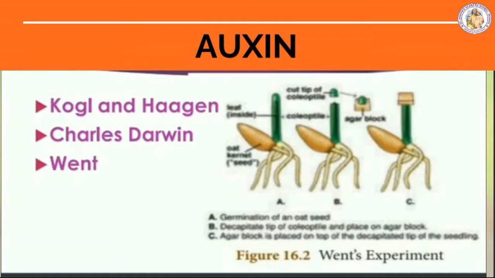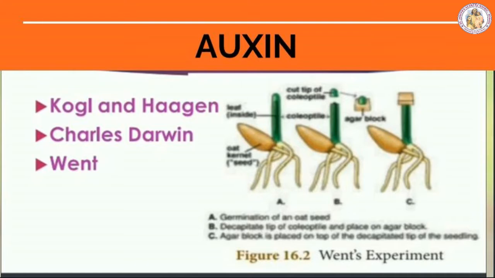Charles Darwin in 1880 observed the unilateral growth and curvature of canary grass. This was later explained as influenced by auxin by Went. So on the right hand side you have the Went experiment. Went, 1903 to 1990, a Dutch biologist, demonstrated the extraction and effects of auxin in plants.